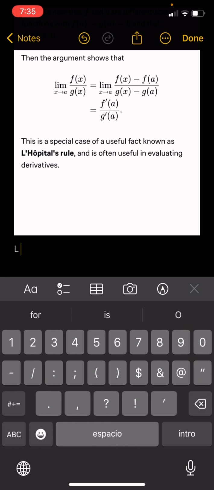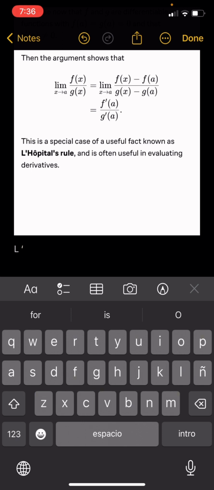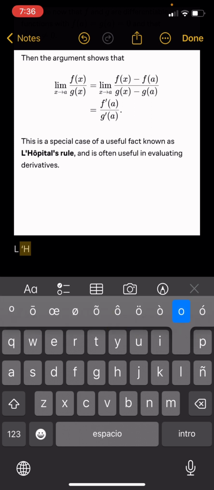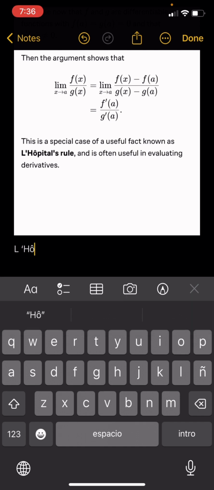Let me see if I can get his name actually right. Okay, good.